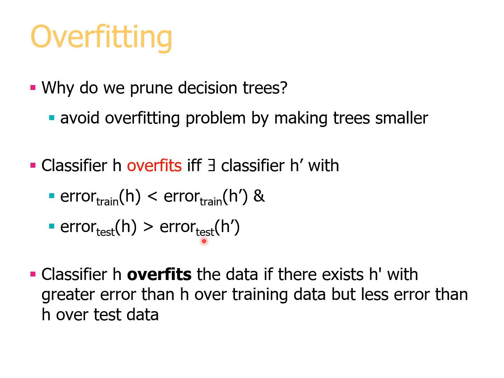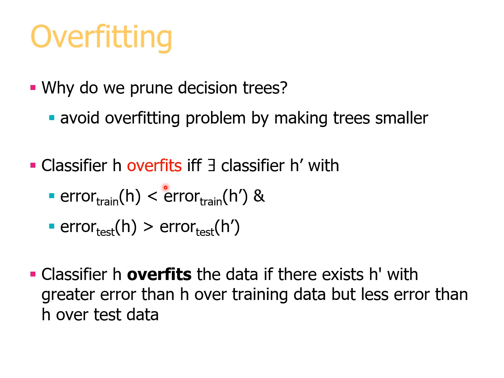If you look at the previous slide, what really matters is the accuracy on test data. In the previous slide, I said the goal of a machine learning model is to predict test data correctly. So this is really important. In this case, classifier H shows better performance in training data, but shows poor performance in test data.